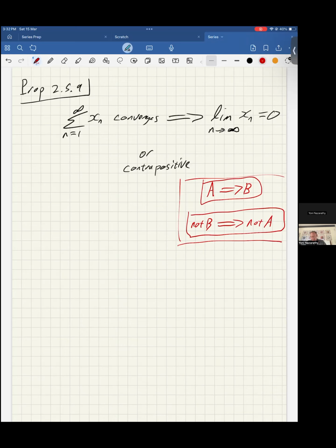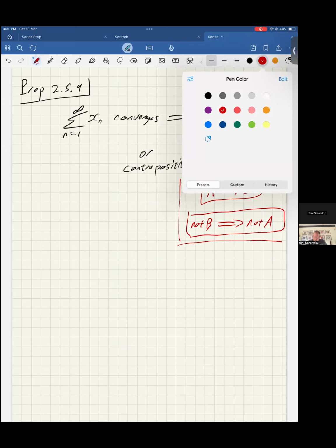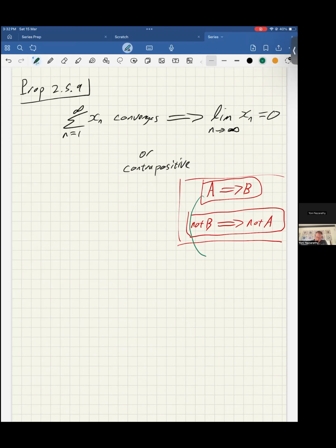If A implies B, then not B implies not A. Don't get confused by thinking that if A implies B, then not A implies not B. This, in general, is a logical error, to think that if A implies B, then not A implies not B.